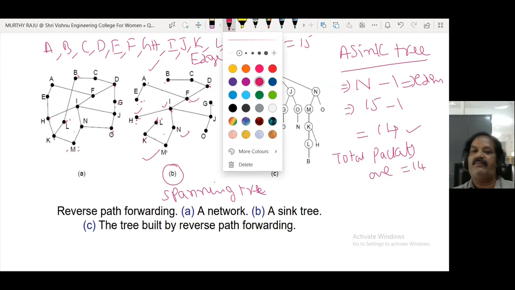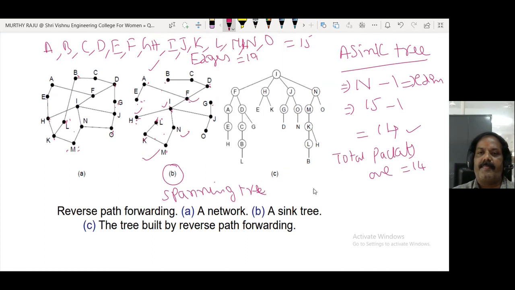The total number of duplicate packets are 1, 2, 3, 4, 5, 6, 7, 8, 9, 10, 11, 12, 13, 14, 15, 16, 17, 18, 19, 20, 21, 22, 23, 24.